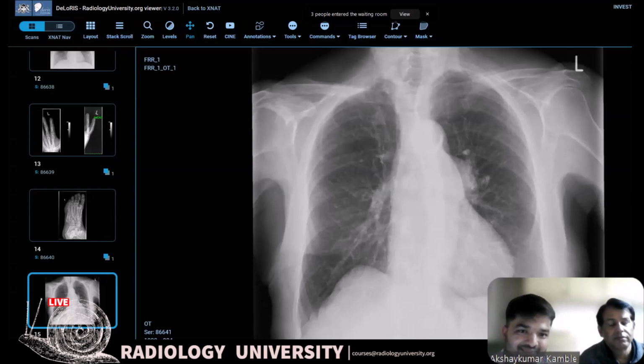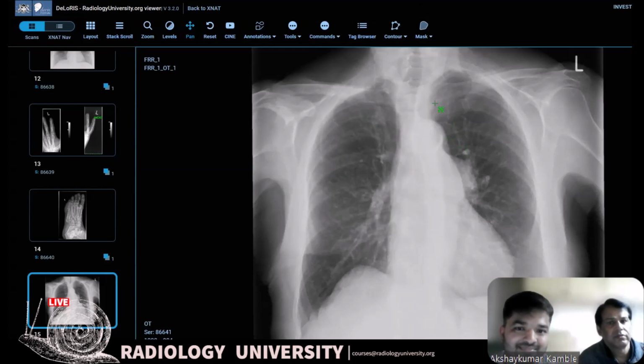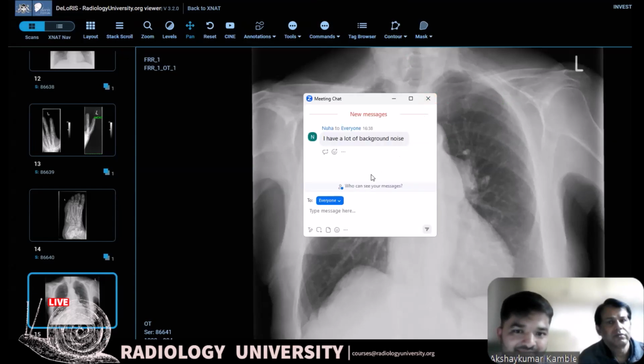I noticed that the pulmonary vessels appear to be prominent in this radiograph. Good. The pulmonary vessels appear to be prominent, especially the right inferior pulmonary vessels. There's no pleural effusion, no pneumothorax. The rib cage is intact.